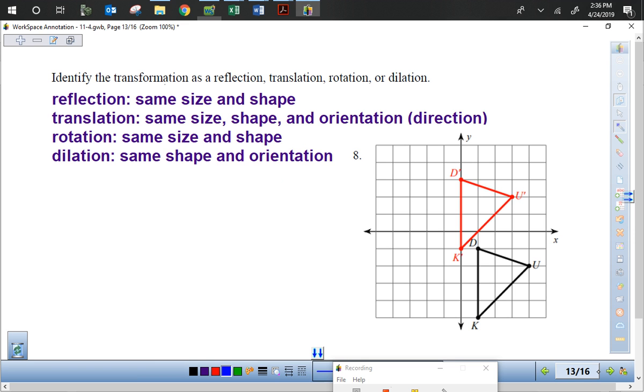Next one here. Same size, same shape is your first question. Hopefully you can see that yes. There's one other thing that's special here: notice the U is pointing to the right on both of these, so they're also the same orientation. If they are the same shape, same size, and orientation, this is a translation.